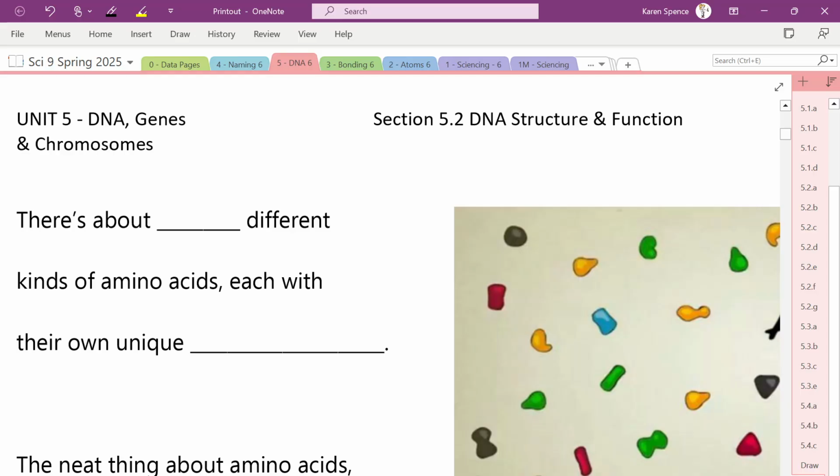About how many amino acids are there? 20, yes. Please don't talk while I'm talking. Thank you. There are about 20 different kinds of amino acids, each with their own unique shape.